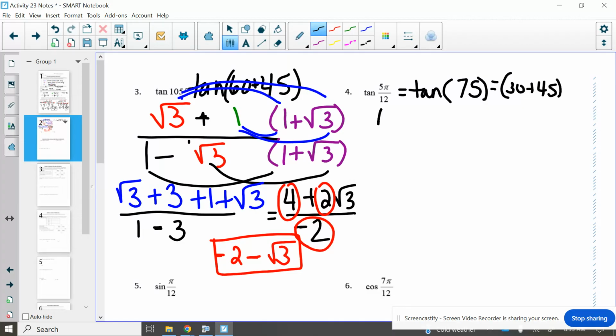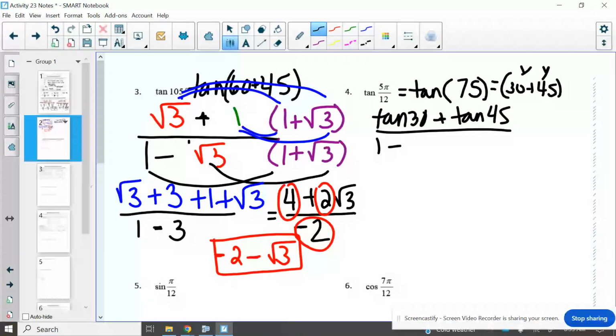So again, we would be taking the tangent of our x value, and then in this case plus, since we're adding, tangent of our y value, over 1 minus tangent of 30 times tangent of 45. Now the tangent of 30 is the y value divided by the x value, 1/2 divided by square root of 3 over 2.